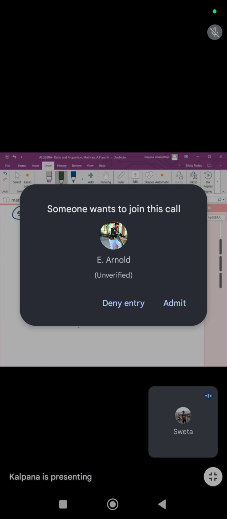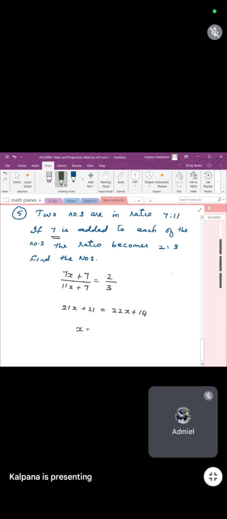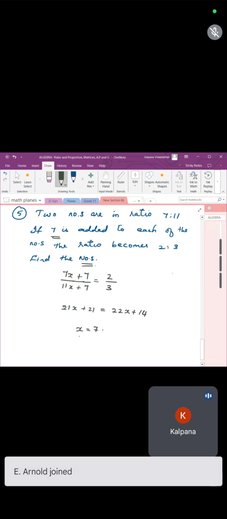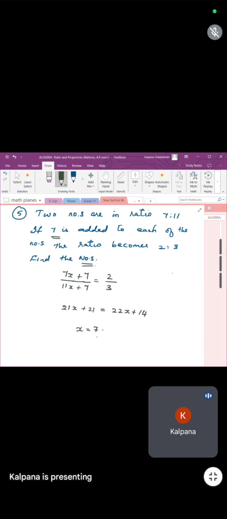Miss, I'm getting 7. x is 7. Therefore, the numbers are. So you should give your answers. This is the step you will forget during the exam. You will find x and just leave it. So find the numbers. The numbers are in the ratio 7x and 11x. Therefore, the required numbers are 7x which is equal to 49 and 11x which is equal to 77.